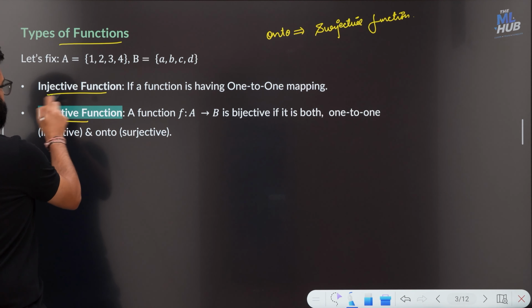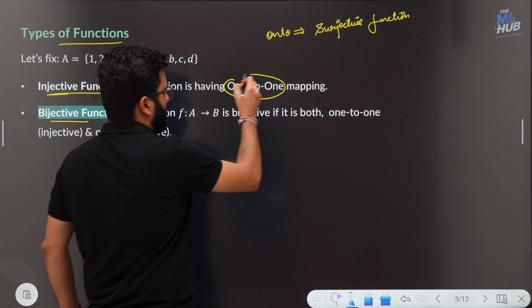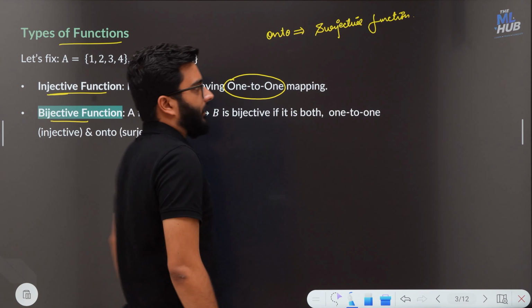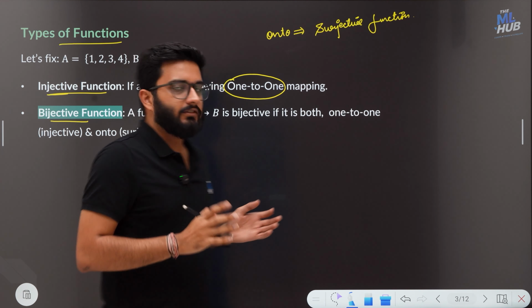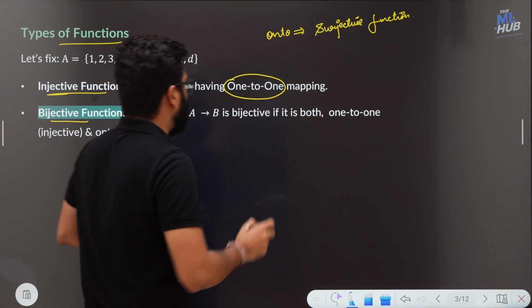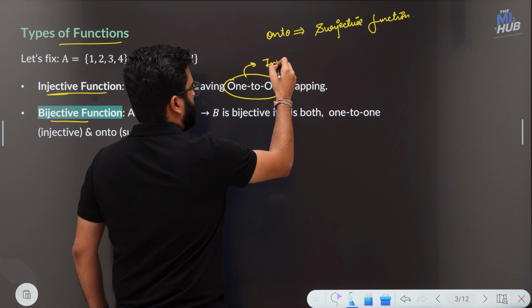Then comes the injective function. If a function has a one-to-one mapping, where every element of X is mapped with a single element in the second set, which is Y, then it is an injective function.